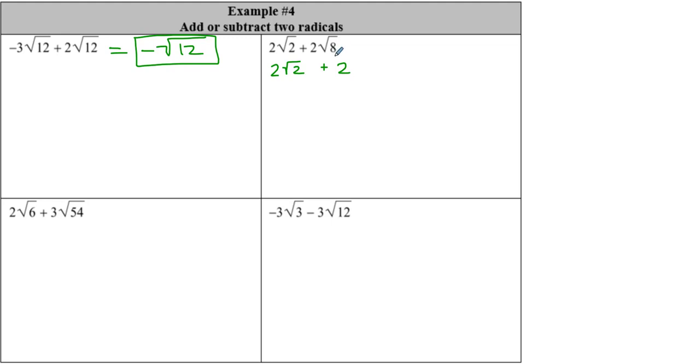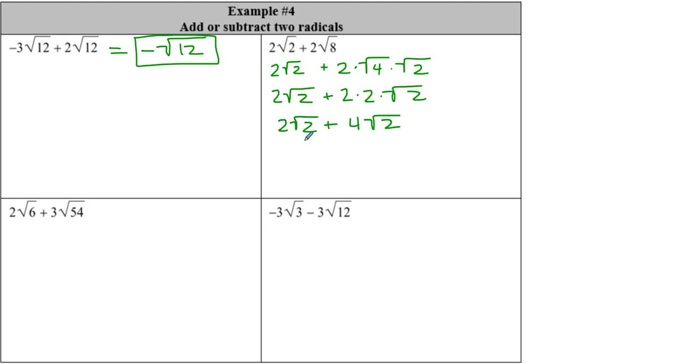We know a perfect square 4 goes into 8, so I'm going to do 2 times radical 4 times radical 2. This now becomes 2 radical 2 plus 2 times radical 2. And then we get 2 radical 2. 2 times 2 is 4 plus 4 radical 2. Boom. Now we have what we need to be able to add those coefficients.